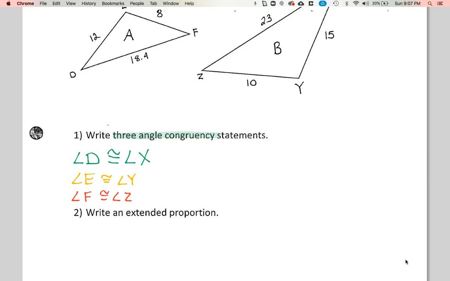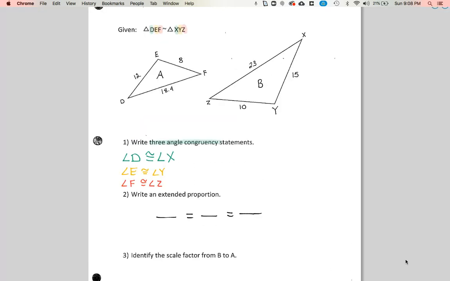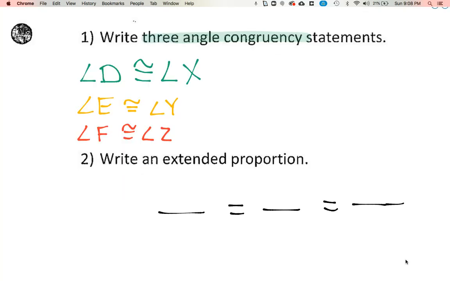Two, write an extended proportion. Now, proportion is showing that the sides are proportional. So triangles, so I have three sides, so I'm going to have three ratios. And I know that DE goes with XY. So 12 over 15.